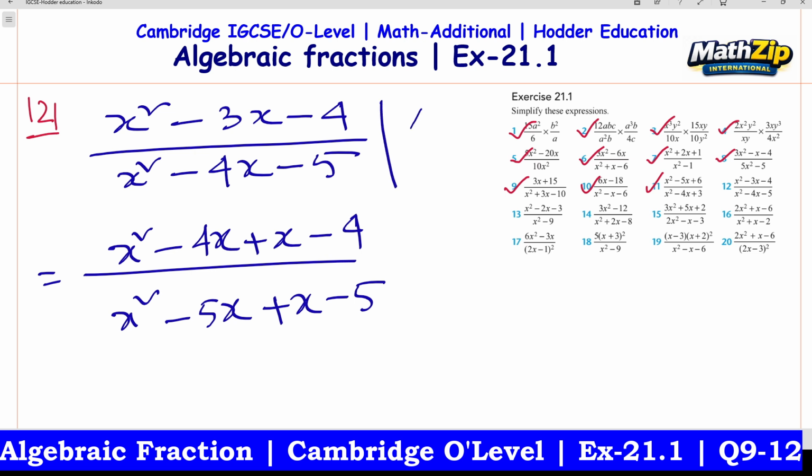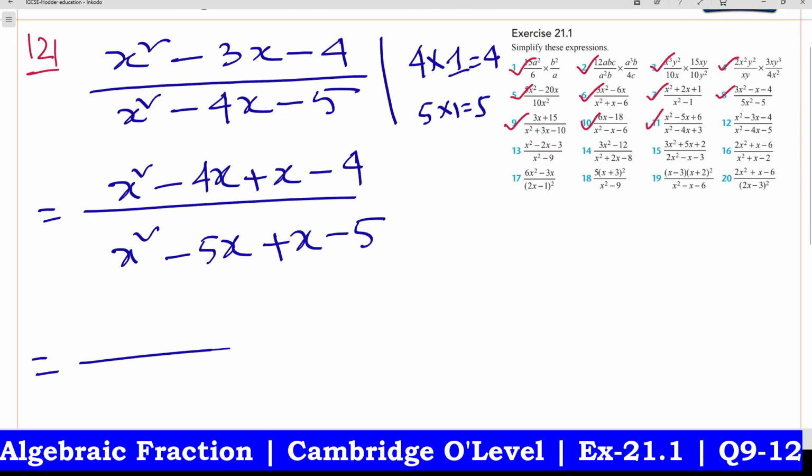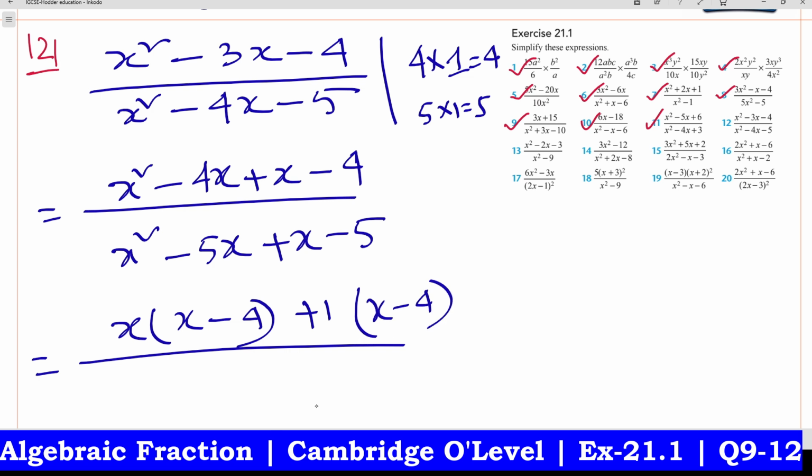Because 4 times 1 equals 4, and 4 minus 1 is 3. Same thing, 5 times 1 equals 5, and 5 minus 1 is 4. Now we can write x common, x minus 4, plus 1 times x minus 4, and x we can take common, x minus 5, plus 1 common, here is x minus 5.